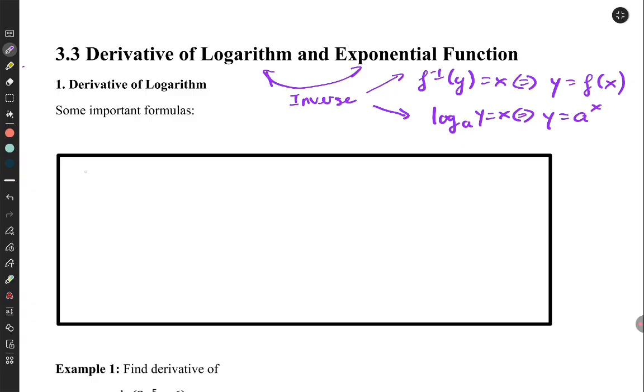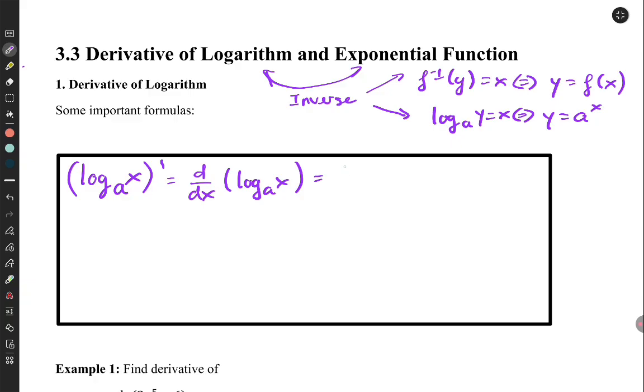I'm just going to copy and paste the first one, the most general one: logarithm base a of x. If you take the derivative of this, try to practice writing in two notations, Leibniz notation and prime notation.